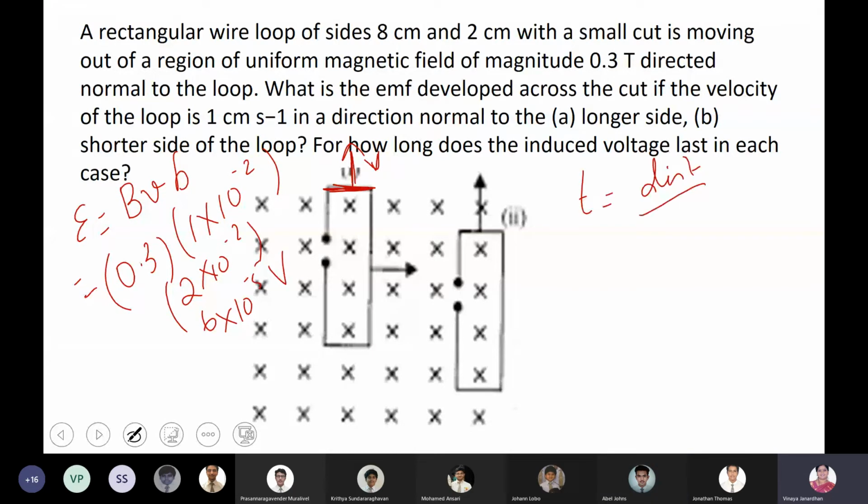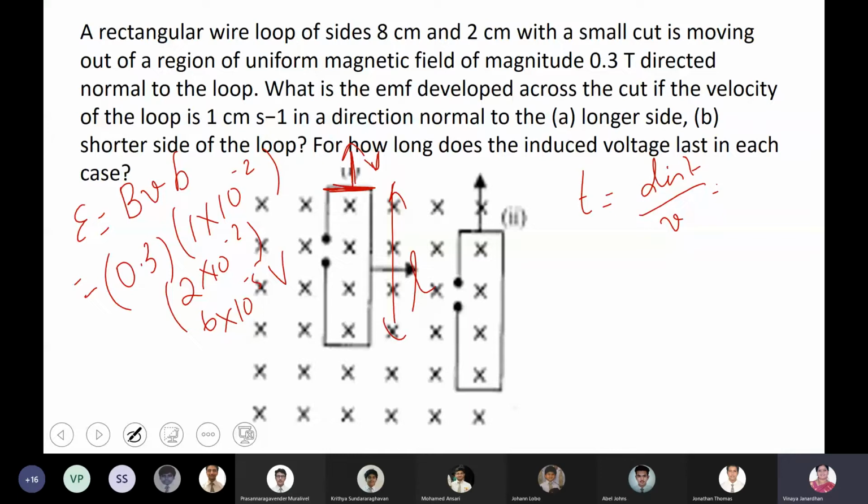What will be the time taken? Distance by velocity. If the entire loop has to come out of the magnetic field, it will travel a distance equal to L. Right, boys? Your EMF will last as long as the loop is coming out of the field. Your EMF will last till the loop completely comes out of the magnetic field.